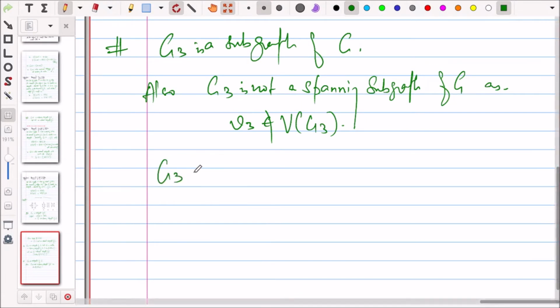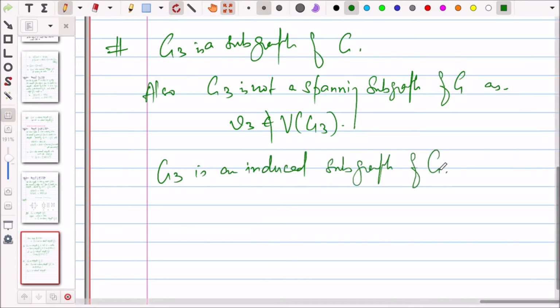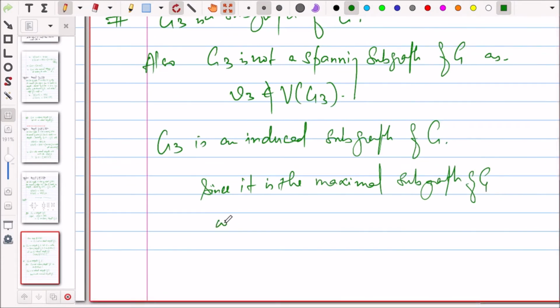G3 is an induced subgraph of G since it is the maximal subgraph of G with vertices V1, V2, V5, V7, right? These were the ones, weren't they? Yes, sir.